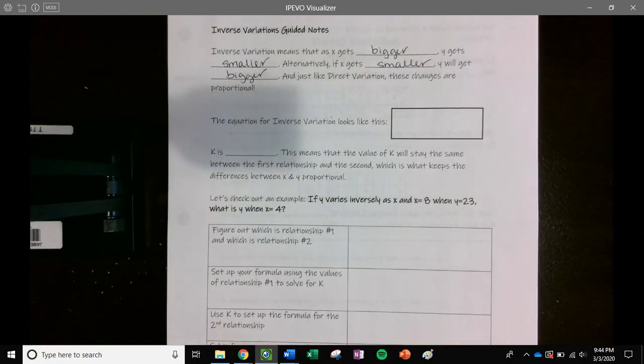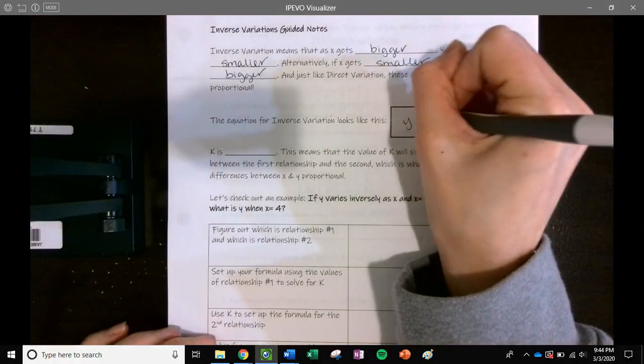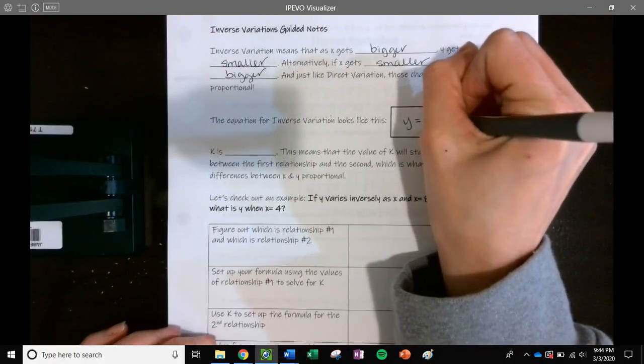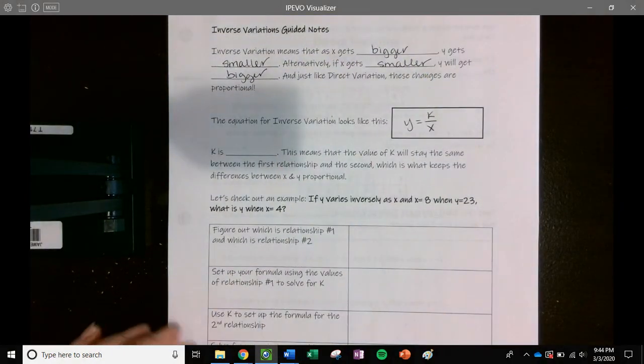Okay? You're always going to have change when you're throwing an input and an output value into a function, creating a table. Only on rare occasions are you going to have the same values for the input and the output. But with variations, it's proportional change, and that's what's important to remember. So the equation for inverse variation is y equals k divided by x.